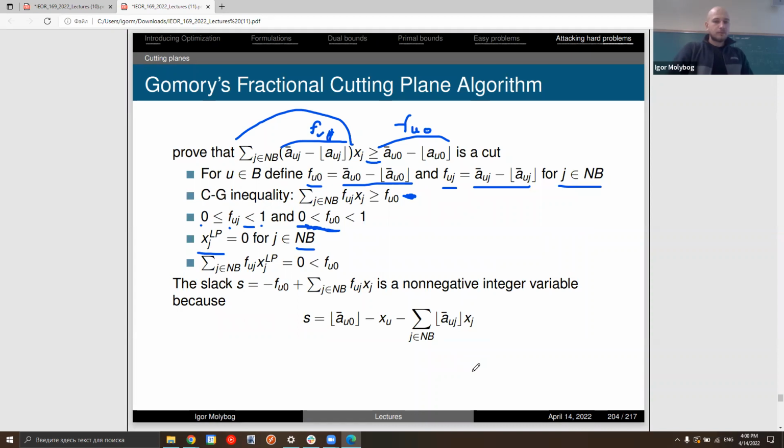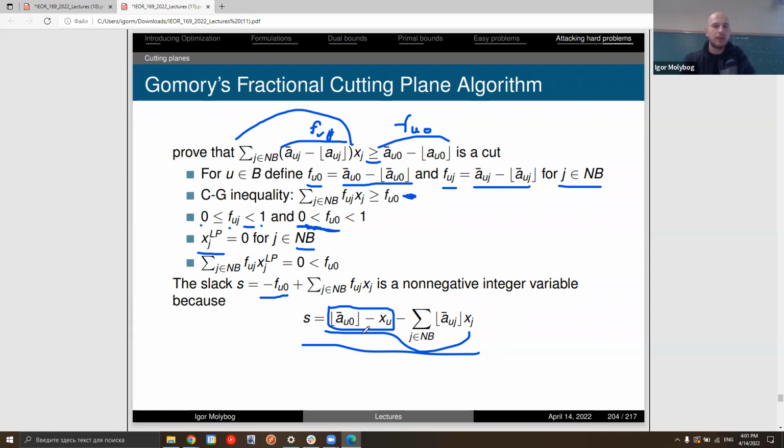Okay. The slack s is a non-negative integer variable because basically it's equal to this thing, and this thing over here is, okay, it should be the other way around, I believe, because it's minus fu0.